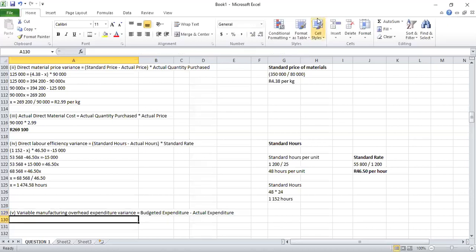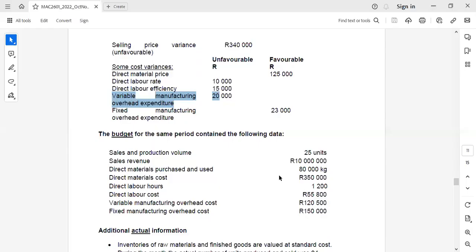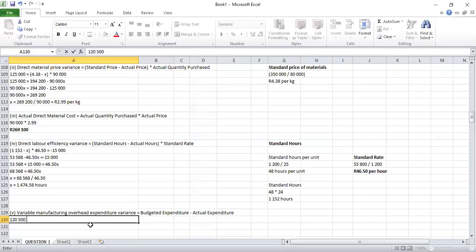Our budgeted is 12,500 and our variance is 20,000 unfavorable. So we can say 12,500 minus x is equal to negative 20,000.